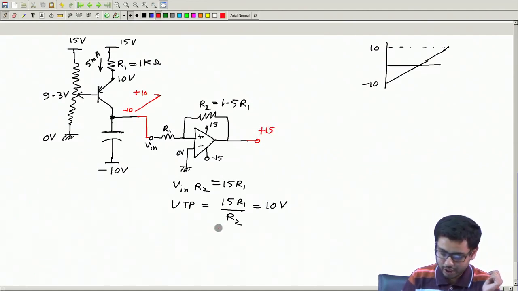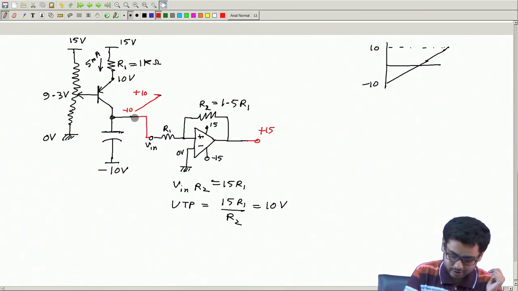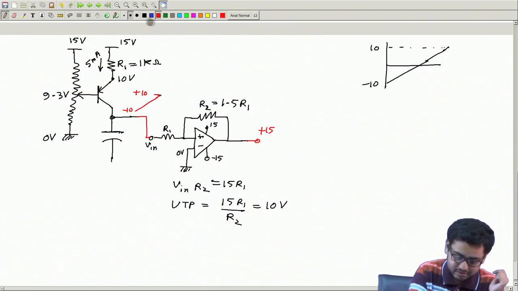Now what we will do, we will use this to drive the base of a transistor base switch.